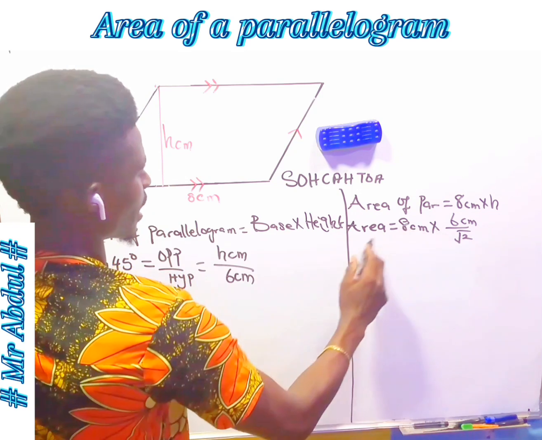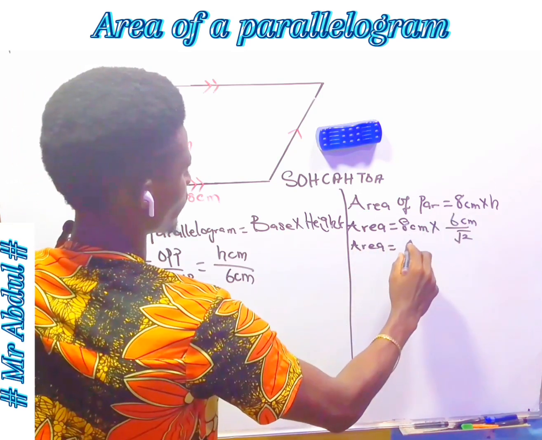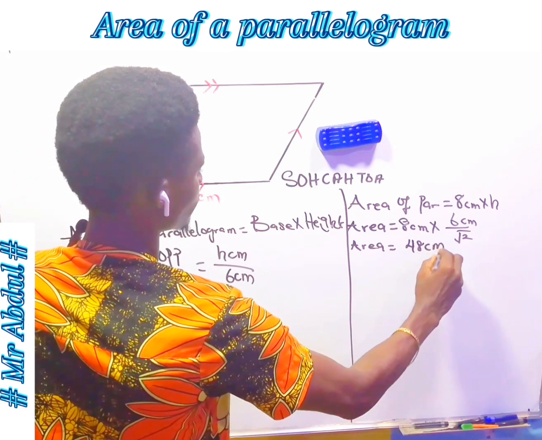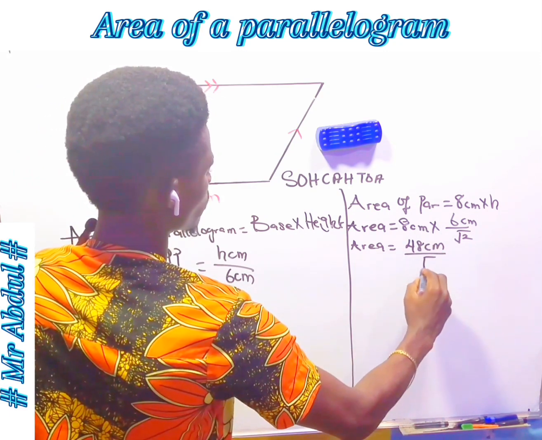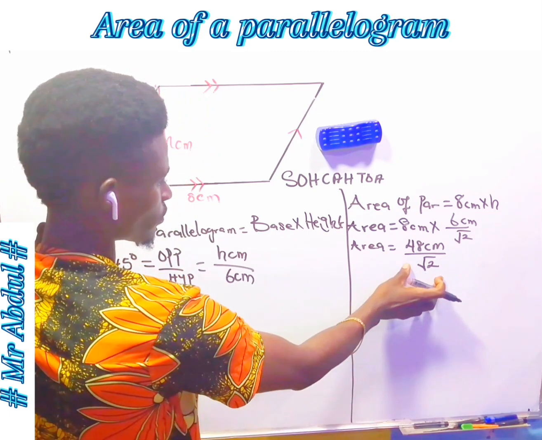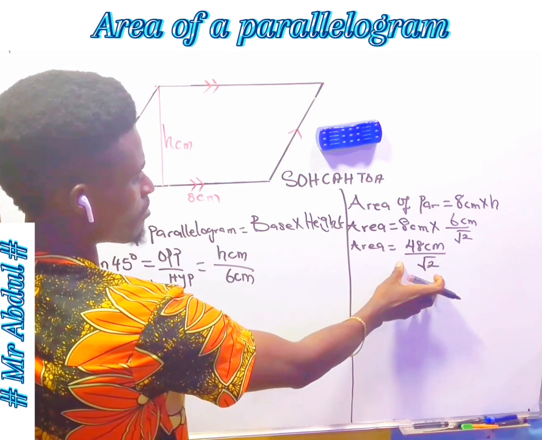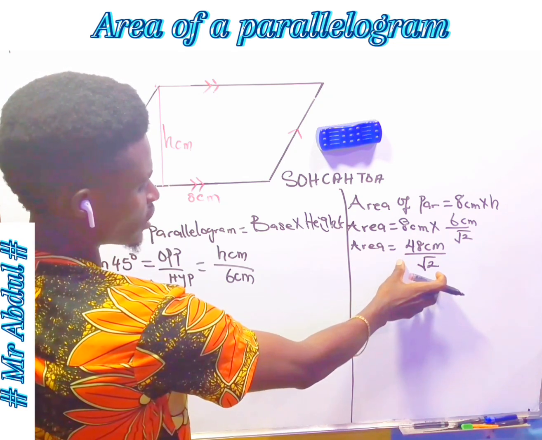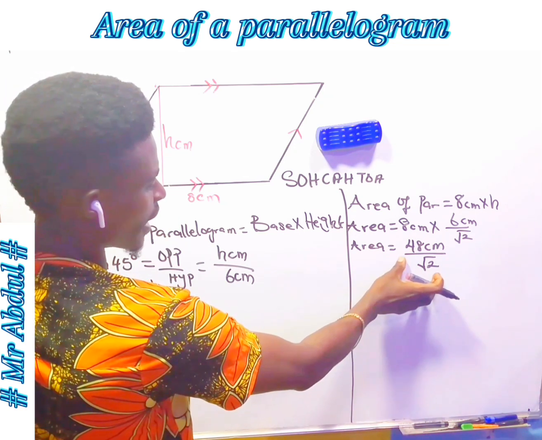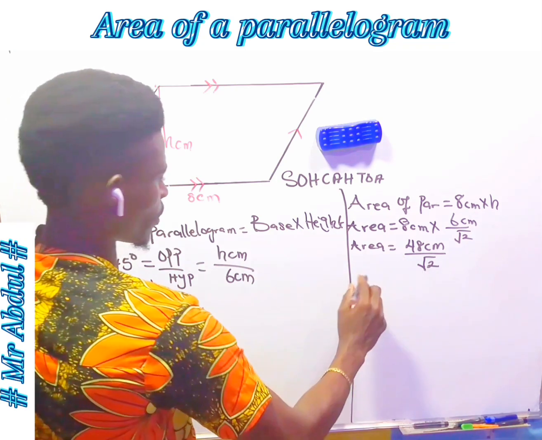Multiplying the right hand side, we'll have area to be 8 times 6, which is 48 centimeter over root 2. Now, root 2 can be simplified, since it's in surd, by rationalization. Rationalization of surd is simply multiplying the numerator and the denominator by the surd of the denominator.